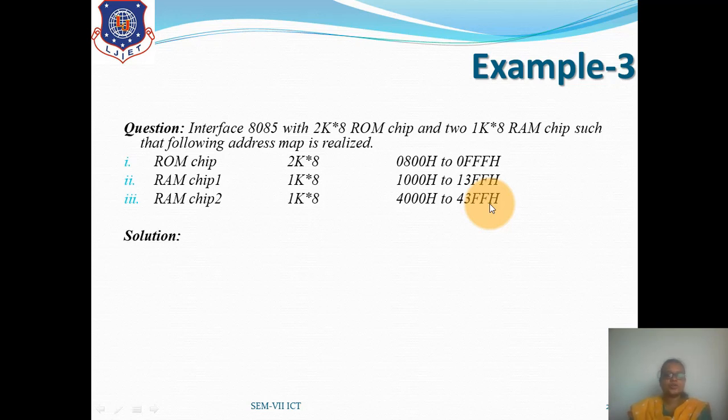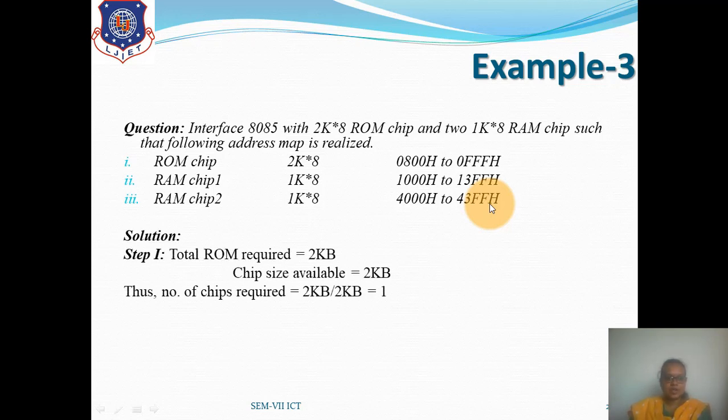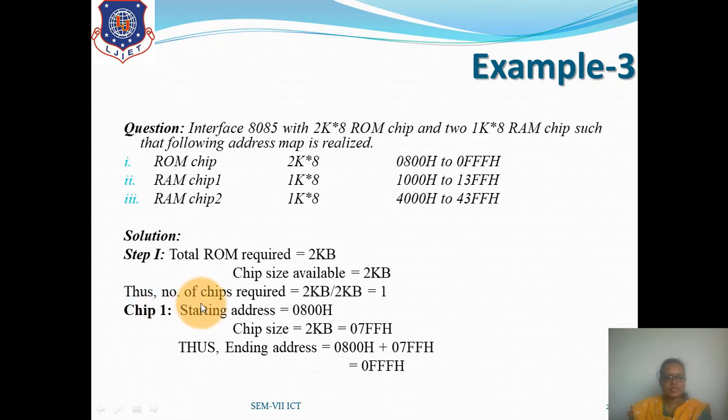Now the solution for this example 3. Step 1: the total ROM required is 2 KB, and the chip size available is also 2 KB. So the number of chips required will be 2 by 2, that is equal to 1. So only one ROM chip will be required. For this chip 1, the starting address is 0800H and the chip size is 2 KB.